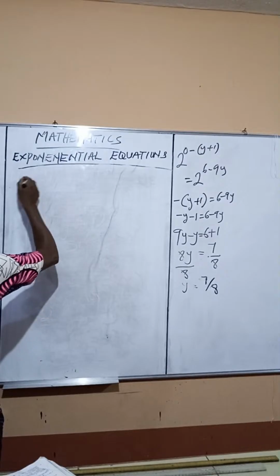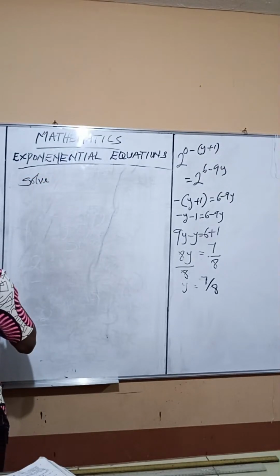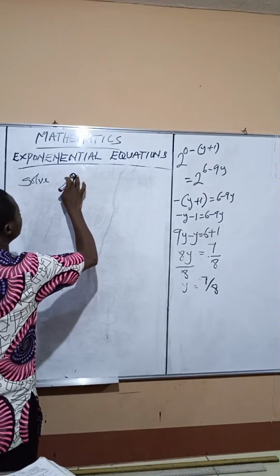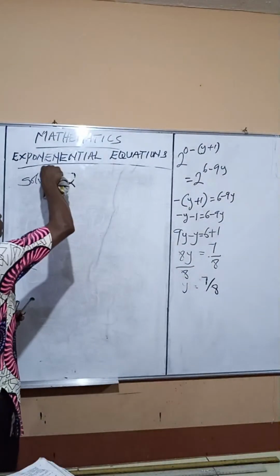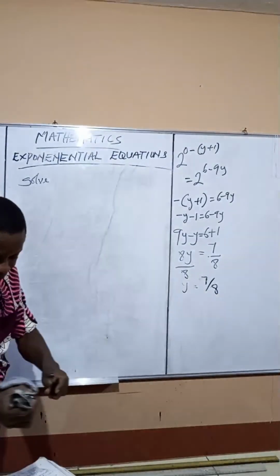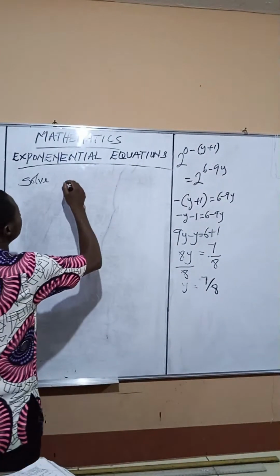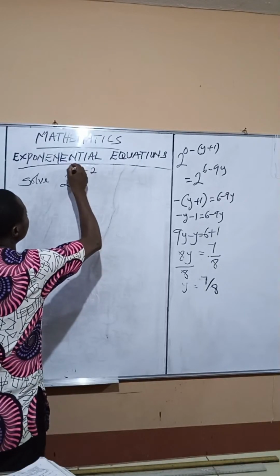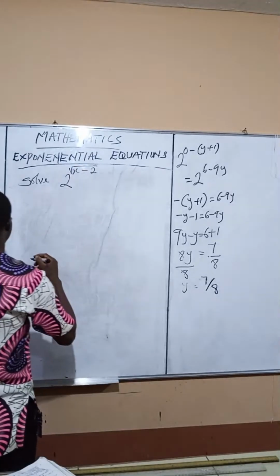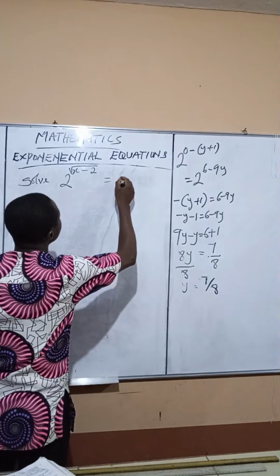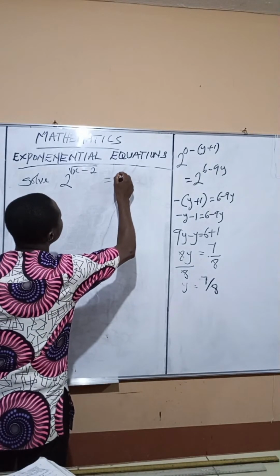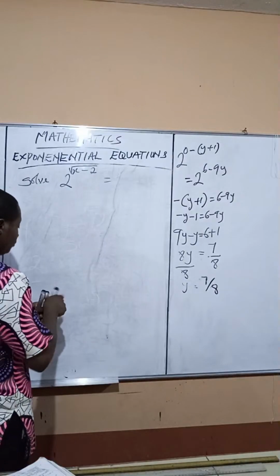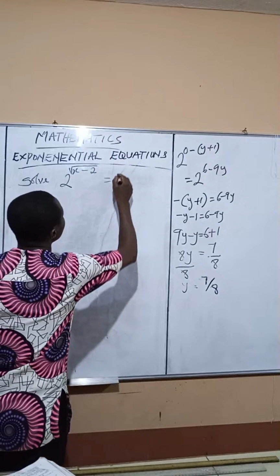So the next question is, we have to solve the equation 2 raised by x minus 2, that is 2 raised to the square root of x minus 2, equals to 1. Sorry for the overflowing ink.